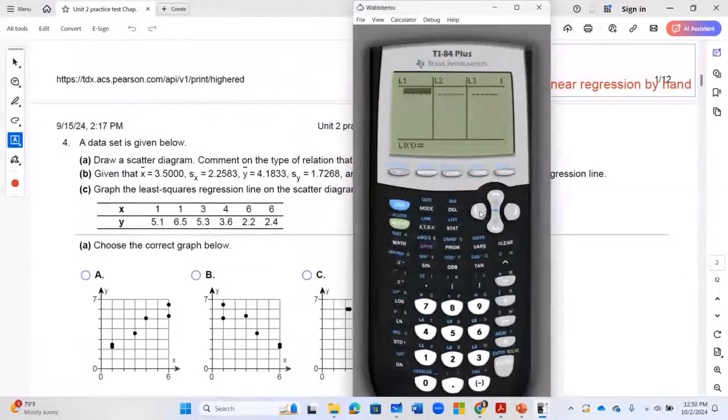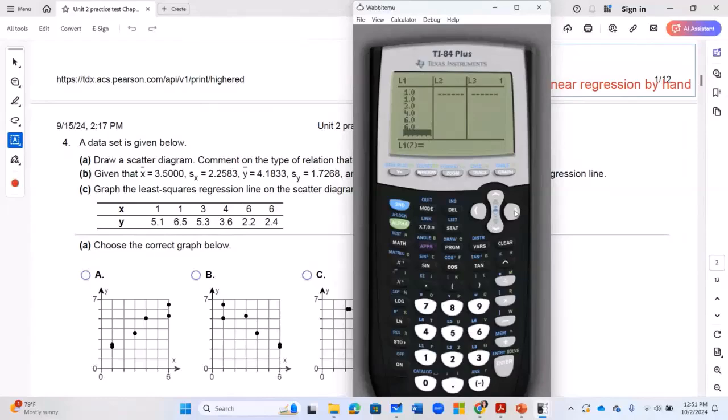What is in L1? What is my explanatory variable? The values of X. So I have 1, enter, 1, enter, 3, enter, 4, enter, 6, enter, 6, enter.